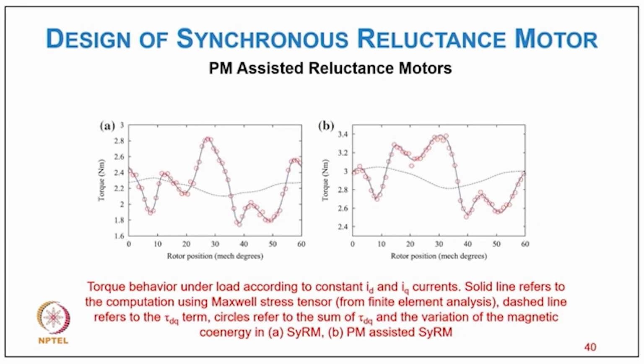And you can see now the torque behavior with the rotor position in the two cases, PM assisted and without. So you can clearly see there is an increase in torque produced because of PM, even while maintaining the same stack length.